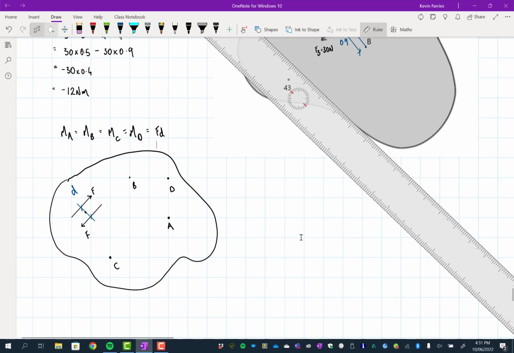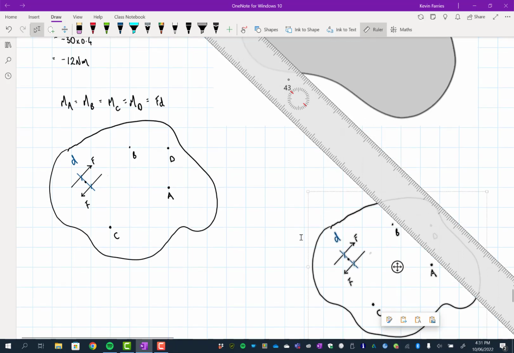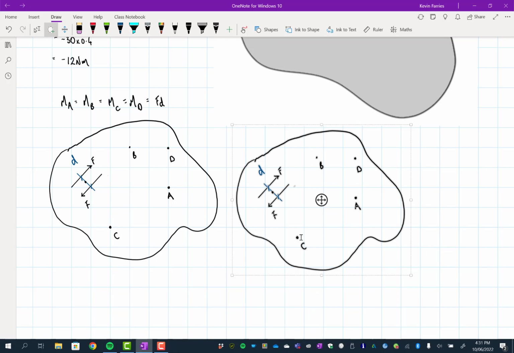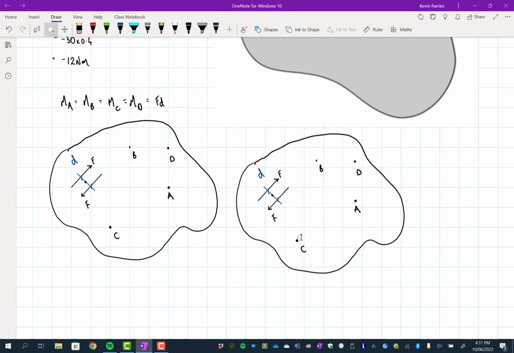Now, what we can also say is pretty much the same concept, just a different way of thinking about it. So we've got the same body. Let's just leave one of these points of rotation that we're considering. We also know that it doesn't matter where you apply that couple within this body.